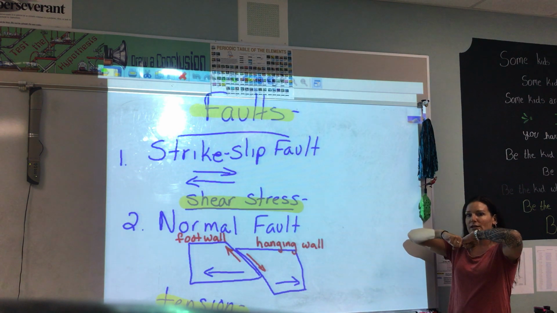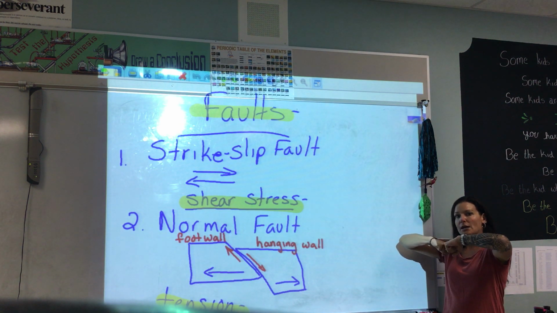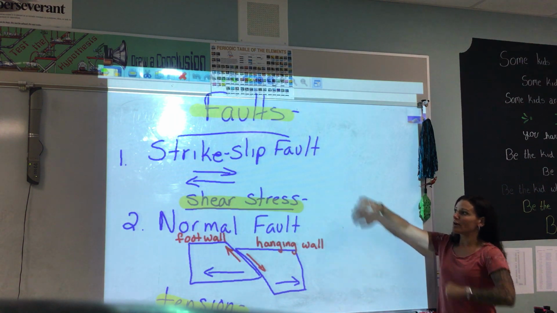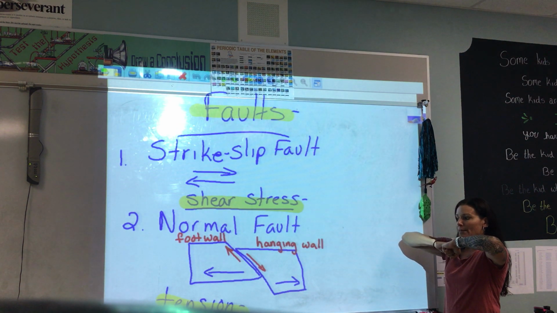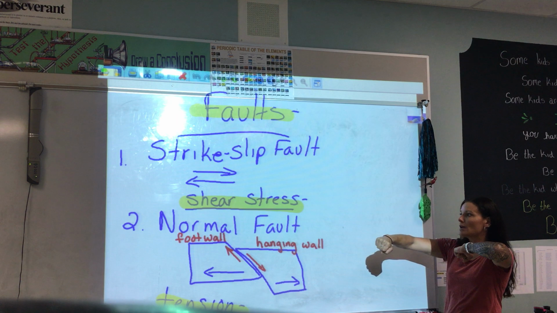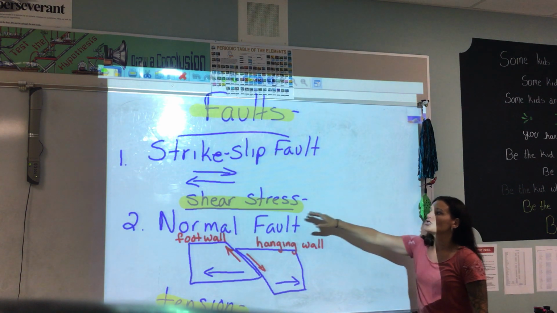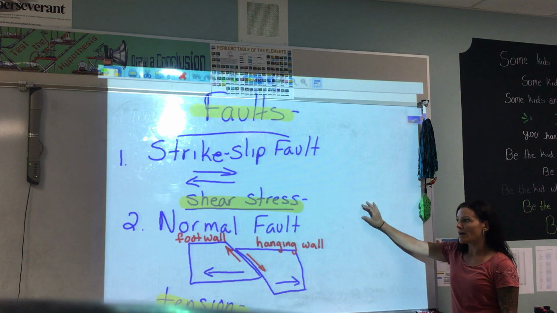What kind of boundary exists when you have 2 plates sliding past each other? You all should have said transform boundary. Strike-slip faults are where rocks strike, tension builds, and then poof, there's a slip. The type of stress associated with this is called shear stress. I'm going to ask you to go to your textbooks to define the term shear stress.